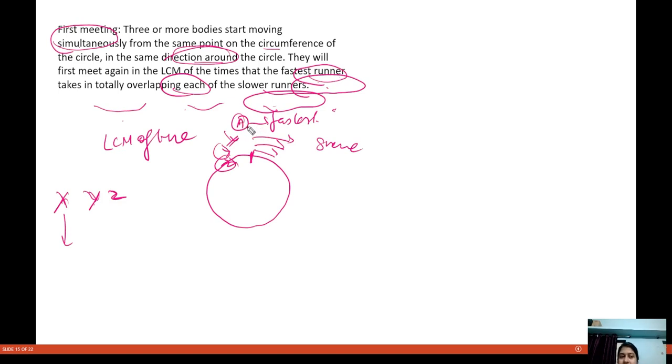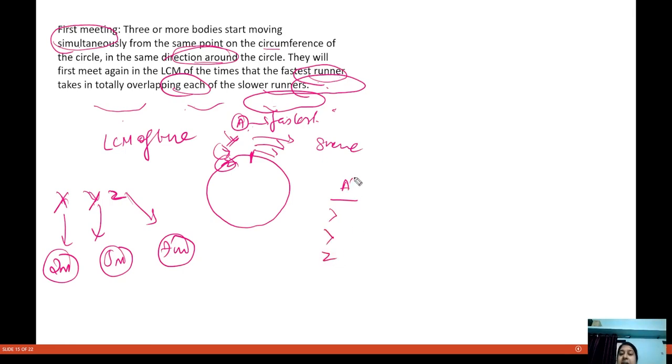Let us say that A takes 2 minutes to overlap x, A takes 5 minutes to overlap y, and A takes 7 minutes to overlap z. So we are considering four people here: A, x, y, and z.